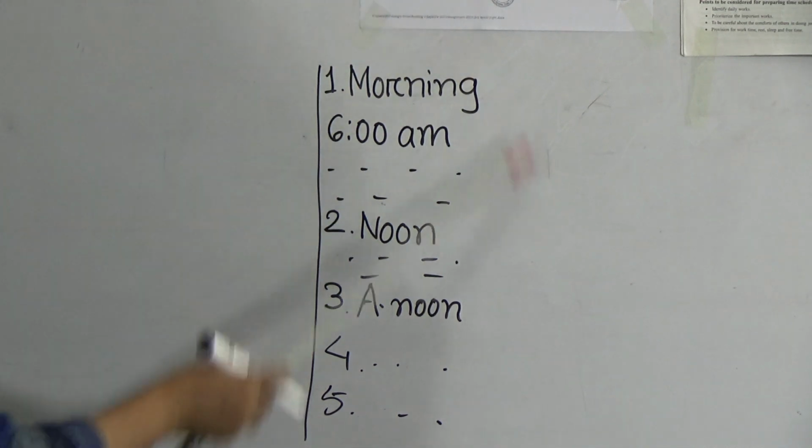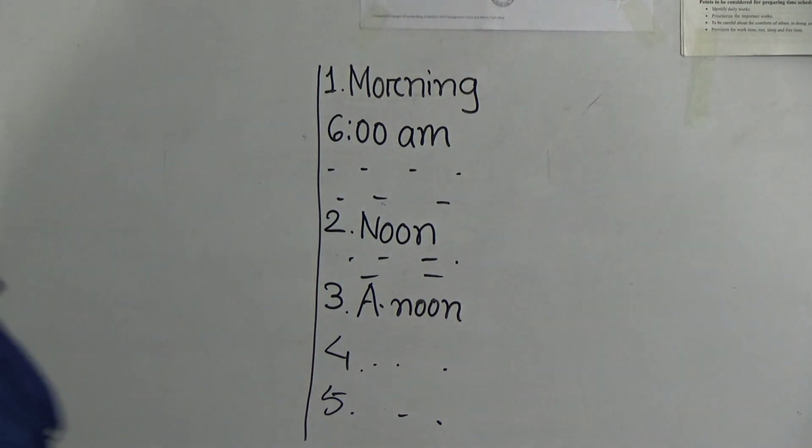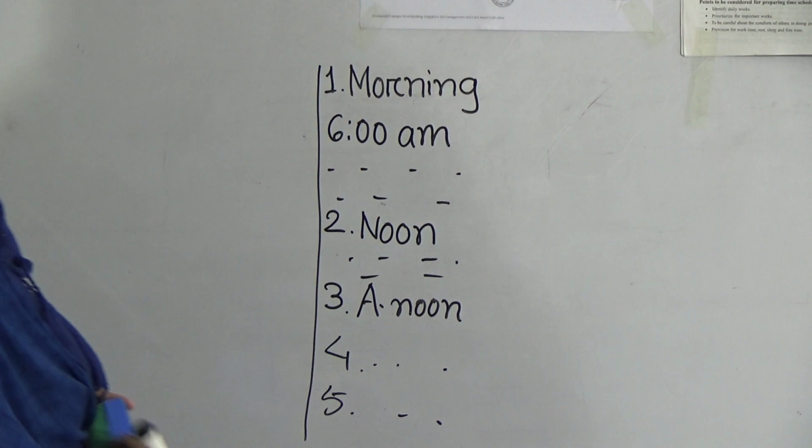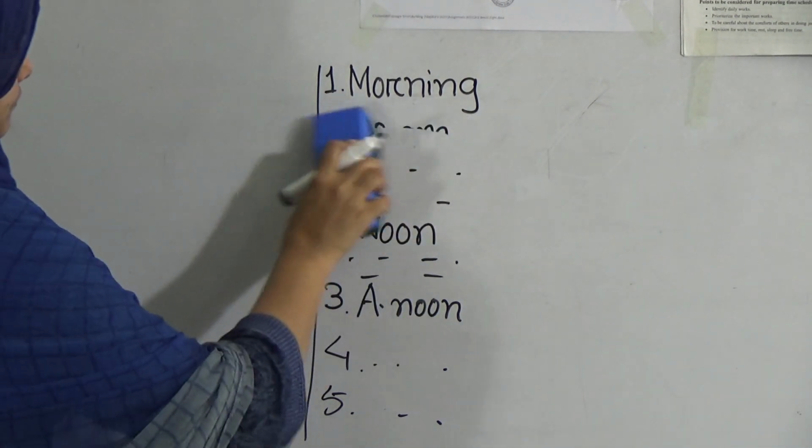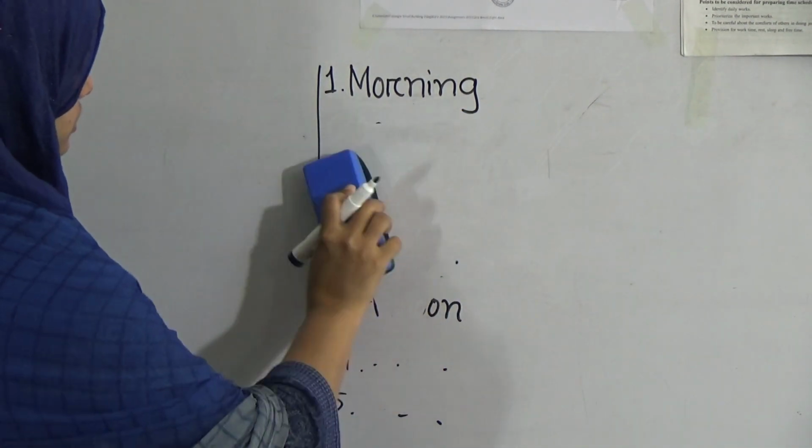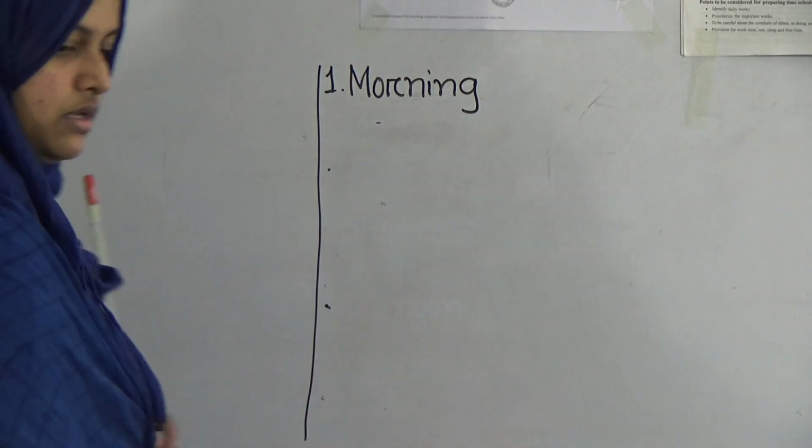So if you want, you can write like this, but it would be better if you make a chart. I'm showing you it would be better if you make a chart like this.